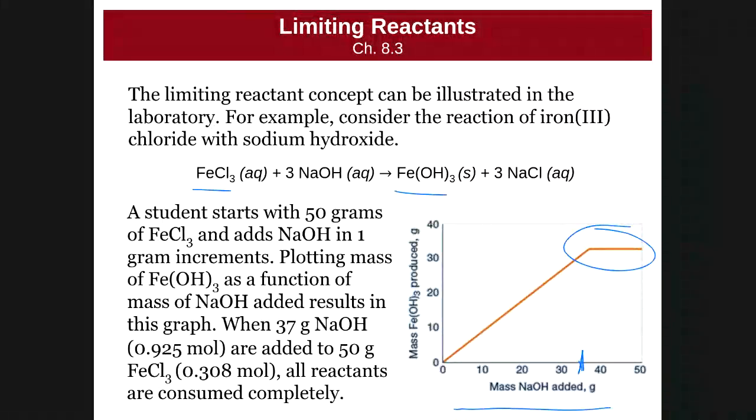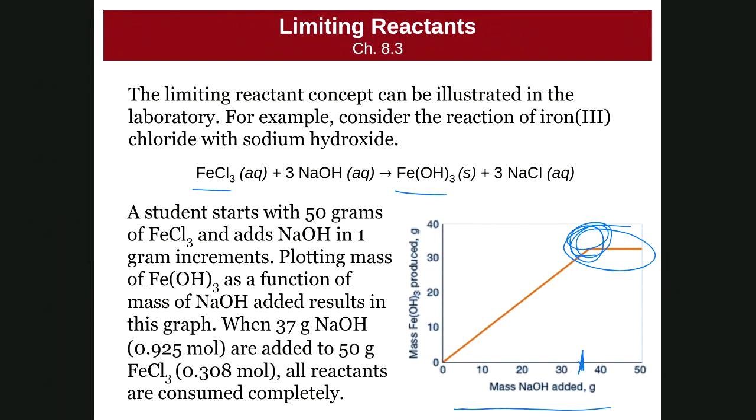That is because that is where we change from having sodium hydroxide as our limiting reactant to having iron chloride as our limiting reactant. So at this point right here, we have the same amount of sodium hydroxide and iron chloride being consumed in the reaction.